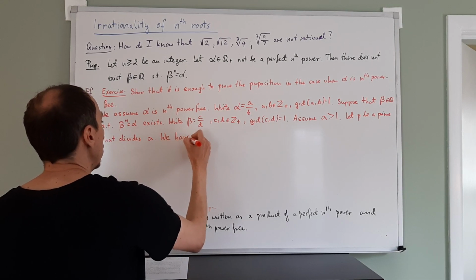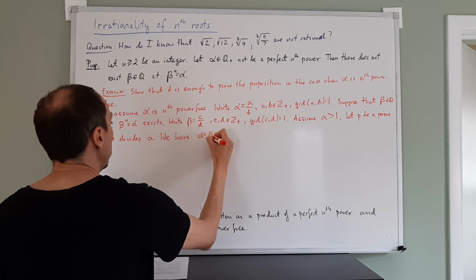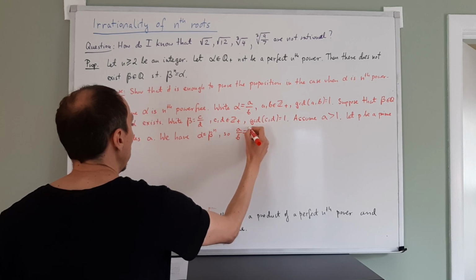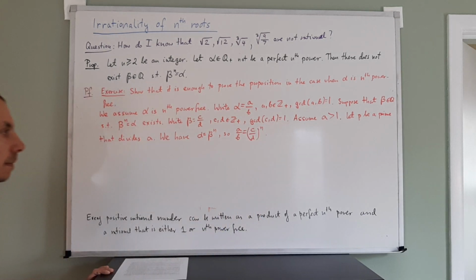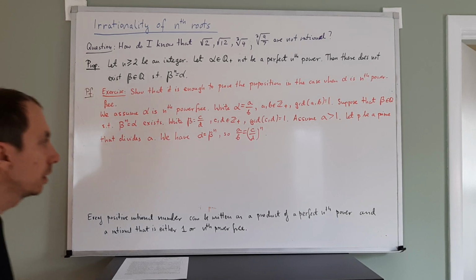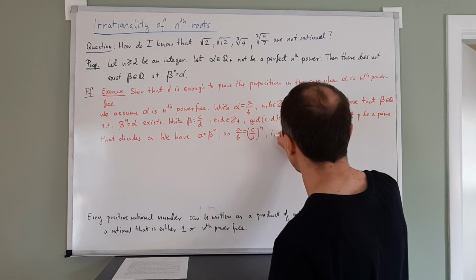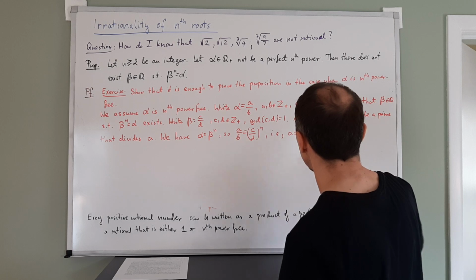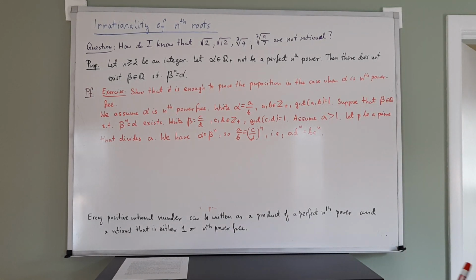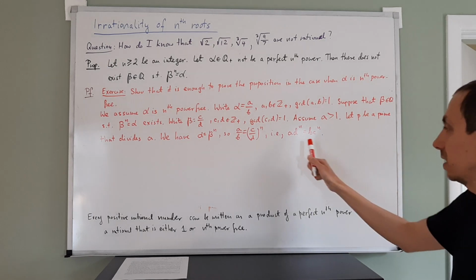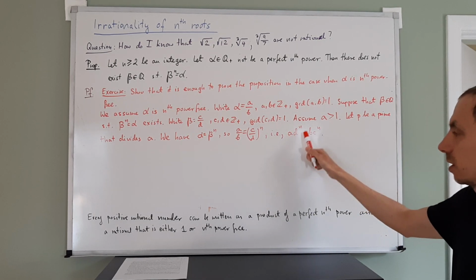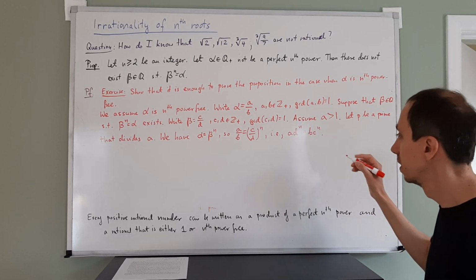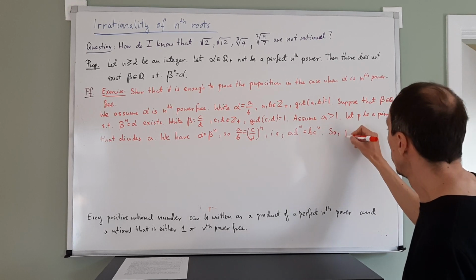Well, I know that alpha is beta to the n, so a over b is c over d to the n. And clearing the denominators, that gives me a d to the n is equal to b c to the n. But now I have a prime p that divides a, so it also divides this entire left-hand side. But the left-hand side is, of course, equal to the right-hand side. Then I know that p also divides the right-hand side.